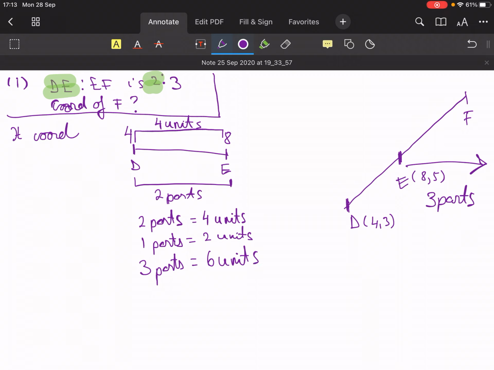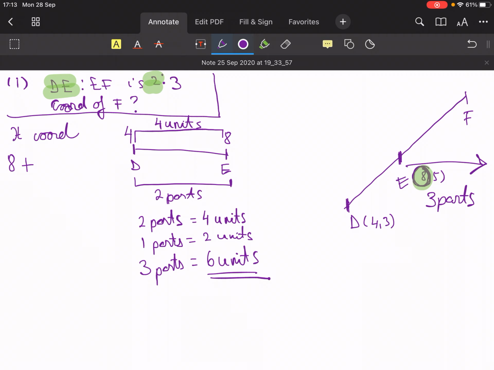So now I'm ready to do my x coordinate. I've got all the information. So for my x coordinate, I know that if I start on the x coordinate of E, so if I start at 8, this is the starting point. If I start at 8, I'm going to need to add these 6 more units to account for the remaining 3 parts.